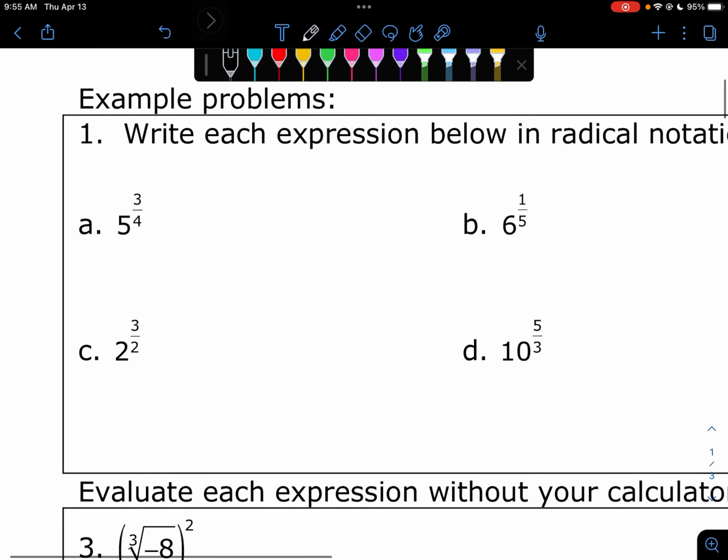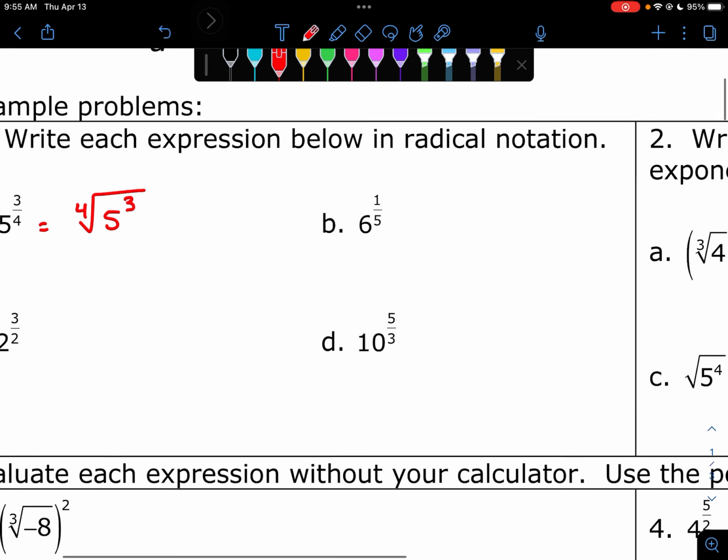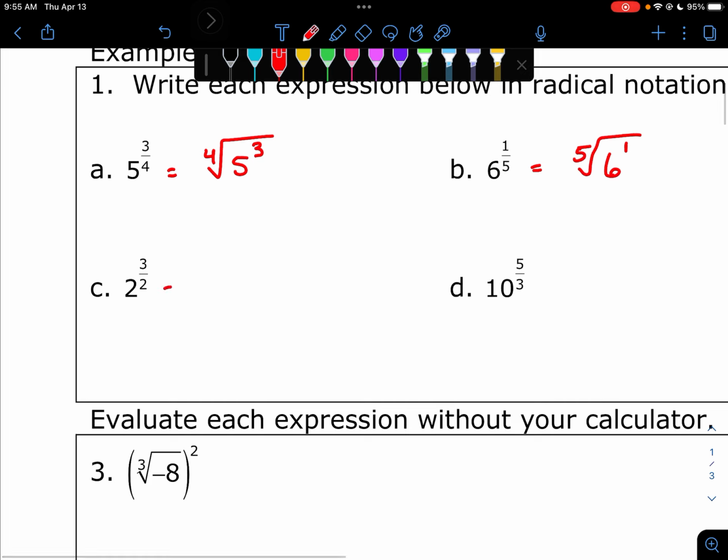So let's take a look at 5 to the 3/4. Again, the denominator becomes the root. So this is the 4th root of 5 to the 3rd power. 6 to the 1/5, well, again, 5 is the root, 6 is under the root, and then it's raised to the 1st power. Let's do these other ones.